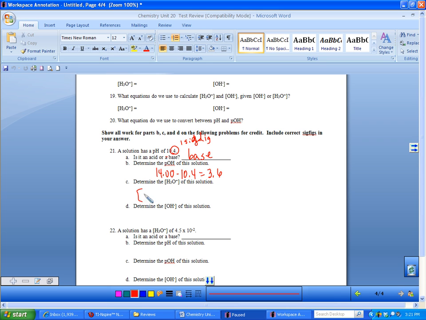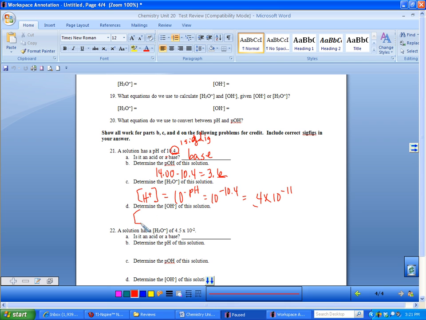Well, we said that the H3O plus is the same thing as the H plus, and it's equal to 10 to the negative pH. So that's 10 to the negative 10.4. And when I did that on the calculator, I got 4 times 10 to the minus 11. Now, I only wanted one significant digit here because I only have 1 here and 1 there. So that's correct.